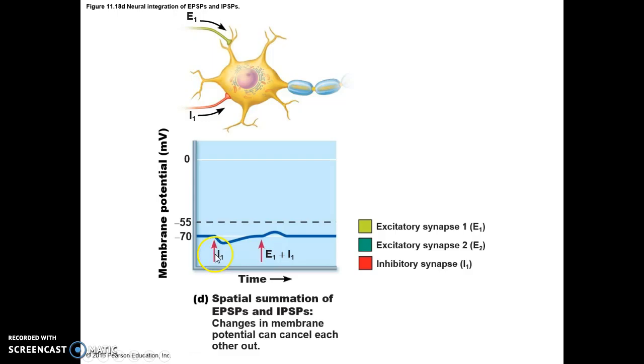If the inhibitory and the excitatory stimuli were exactly the same but opposite, both of them cancel each other out, and you would have very little deflection, whether in the positive depolarization or hyperpolarization phase.